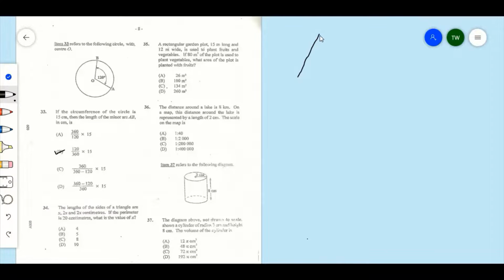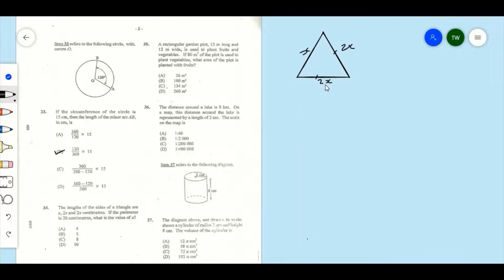I have a triangle, and this triangle is not drawn to scale. So one side has a dimension of 2x, another side has a dimension of 2x. Let's say these two sides are equal. And one side has a dimension of x.